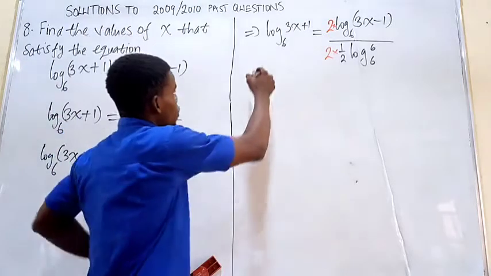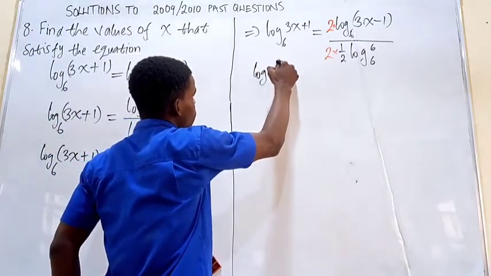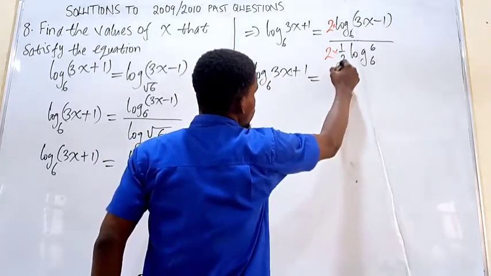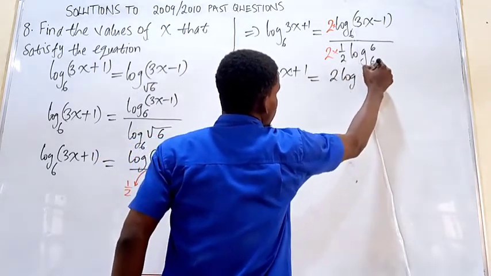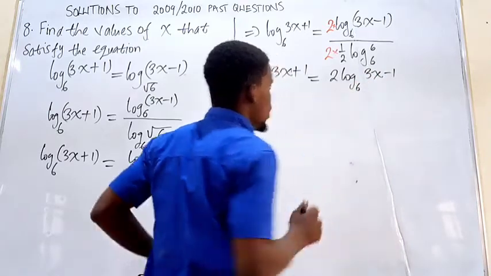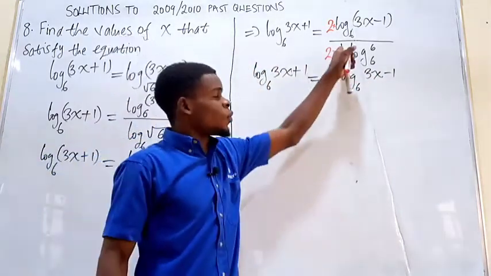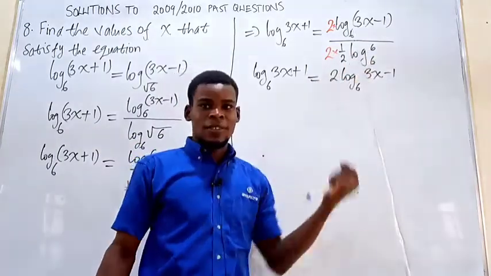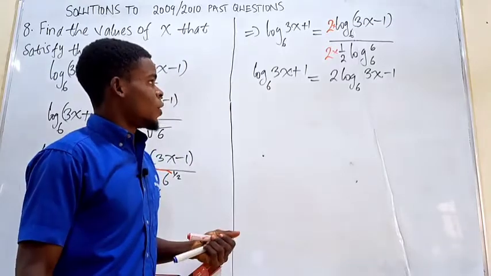So from there we have that the logarithm of 3x plus 1 to base 6 is equal to 2 times the logarithm of 3x minus 1 to base 6, divided by 1. Why? 2 times 1 over 2 gives us 1, and the logarithm of 6 to base 6 is also 1. So the denominator is just 1.